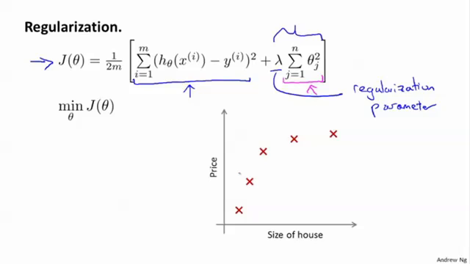to avoid overfitting. For our housing price prediction example, whereas previously if we had fit a very high order polynomial, we may have wound up with a very wiggly or curvy function like this.